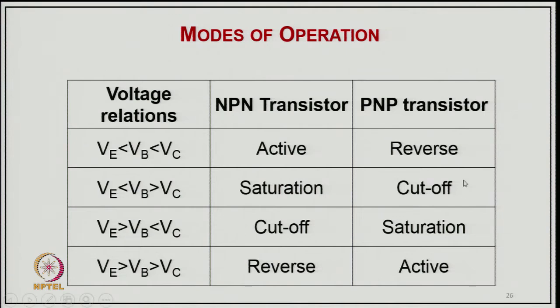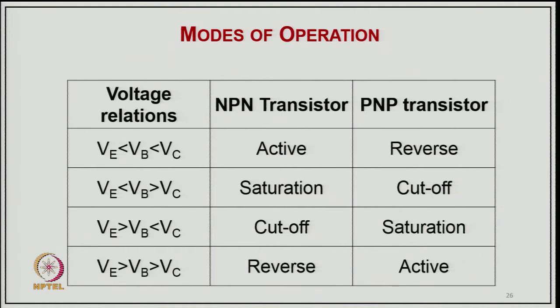Of course, for PNP it will be cutoff if VB is less than VE as well as VC, then it goes to cutoff, that is, the switch is off. And if VB is in between VE and VC, it is a reverse active, and then here it will be PNP for the active zone. So, these are the modes of operation for both transistor configurations, NPN as well as PNP.